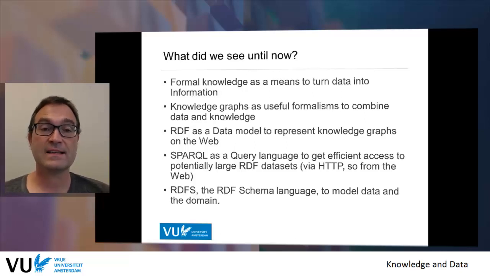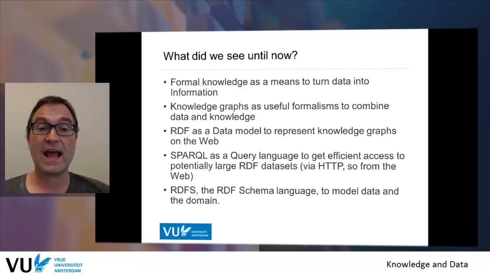Once you have built a data set in RDF, you want to get access to it, and you can do this in a programmatic way, as you've done in some of the exercises, but you can also do it with SPARQL, which allows you to get rather complex combinations of data out of your data sets. And you can do it, for example, also via HTTP.